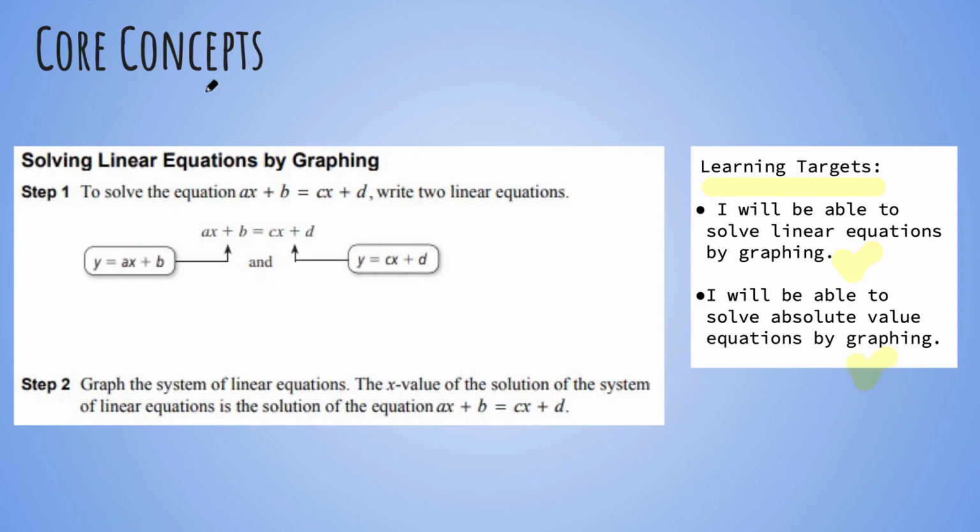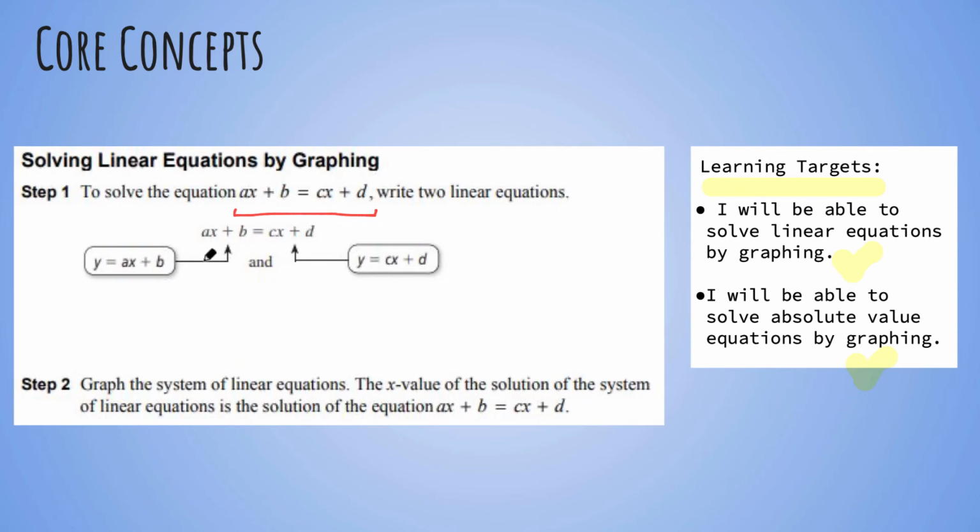Okay, so we're looking at our core concept when we're solving linear equations by graphing. So when we have an equation that is set up in this particular way, where we have a variable term plus a constant term is equal to another variable term plus a constant term, the way we're going to approach this is we're going to set each side of the equation as its own linear equation.